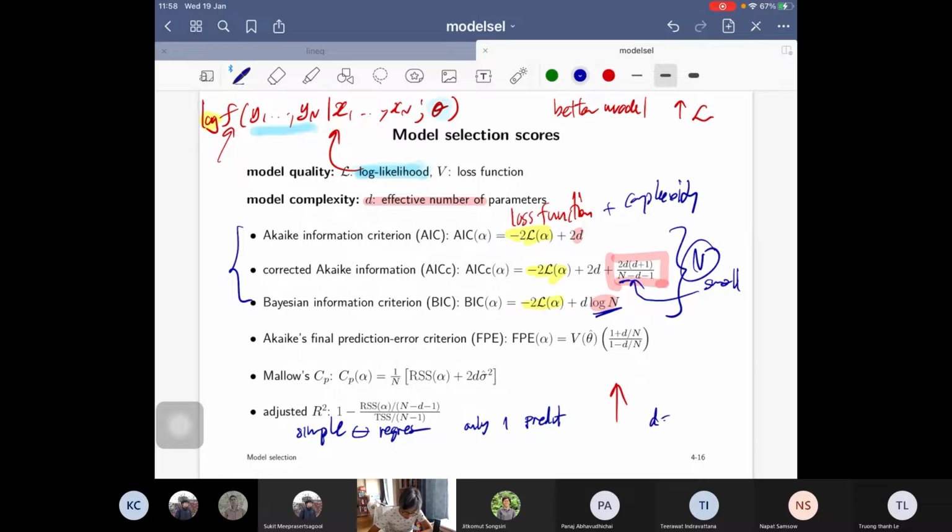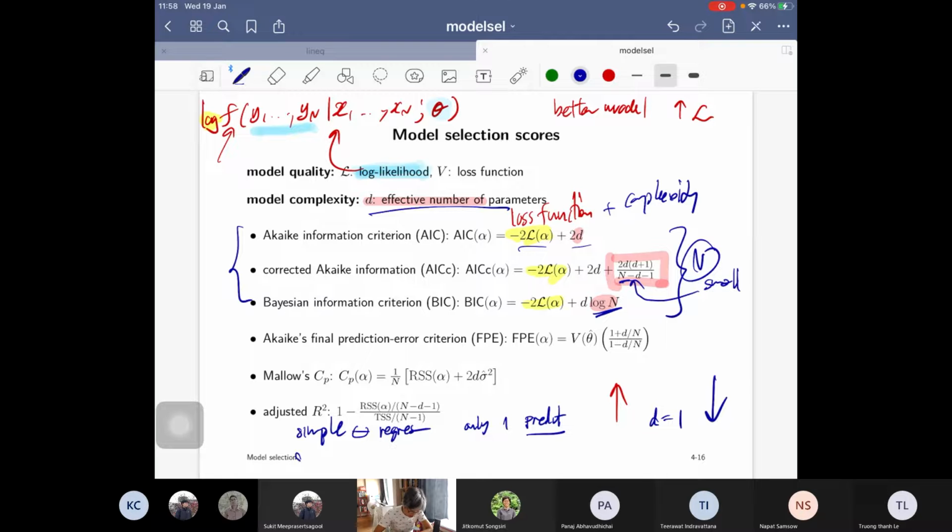If I use only one predictor, the effective number of parameters, my D is... If you have one predictor in a linear regression model, how many parameters in the model? One. D equals 1, right? So the second term is going to be low.